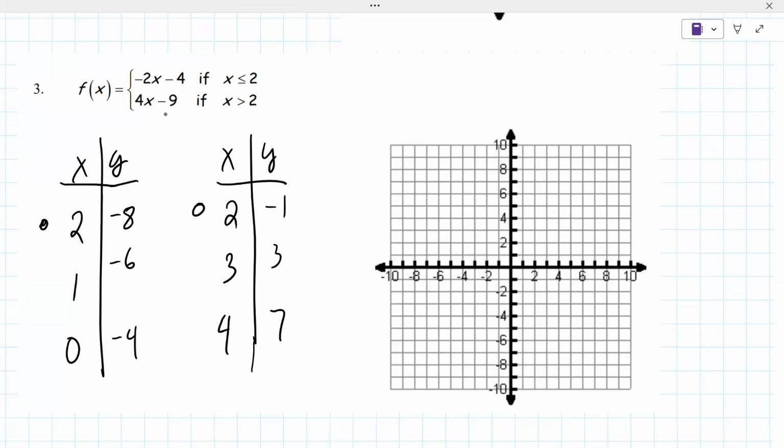Would they both be 0 on the... Oh wait, never mind. Whoops. -8. Okay.